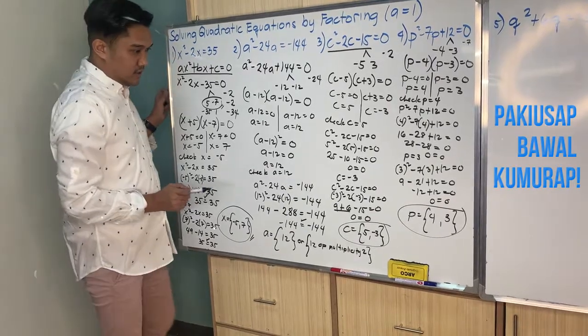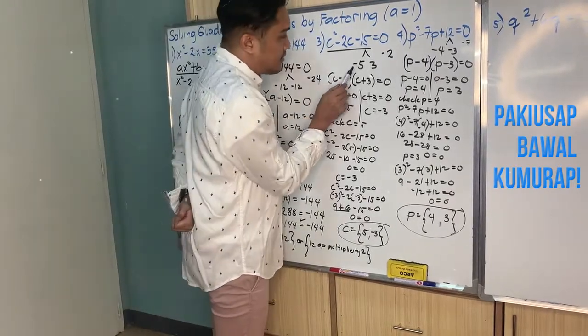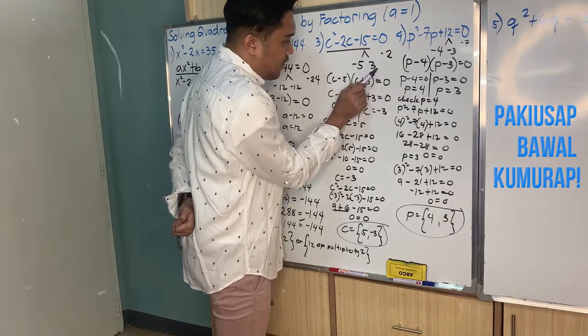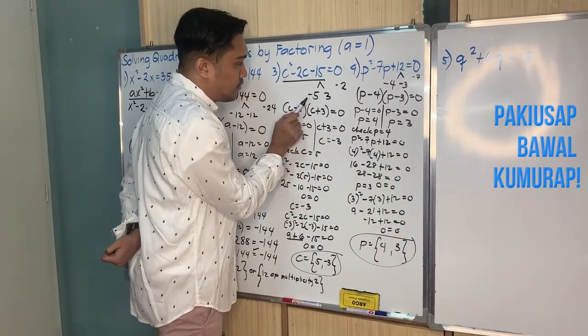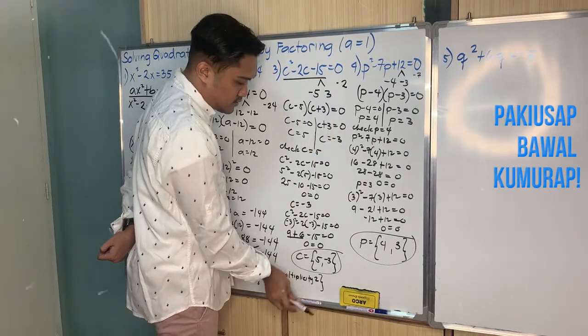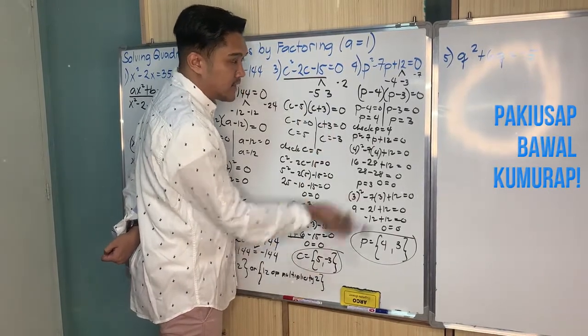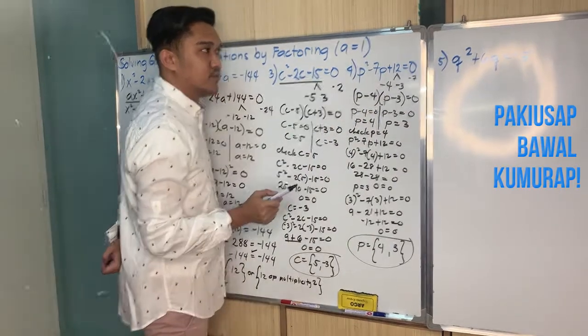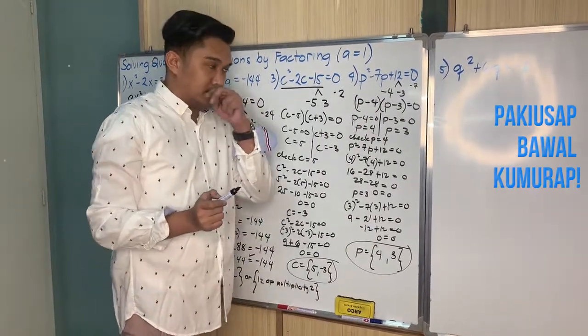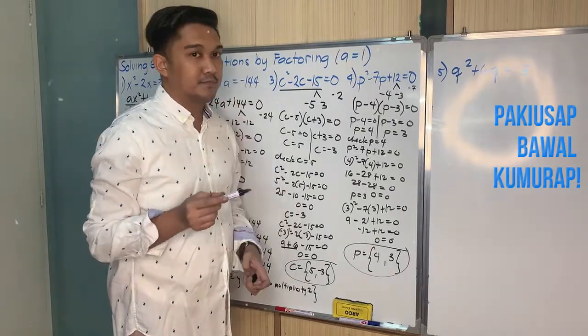Okay? Katulad nito. Negative 5 at saka 3. Pag kinuha mo yung factors niyan, binaliktad mo yung sign, yun na yung magiging solution set. The same here. So, try natin dun sa q squared plus 6q equals to negative 5.